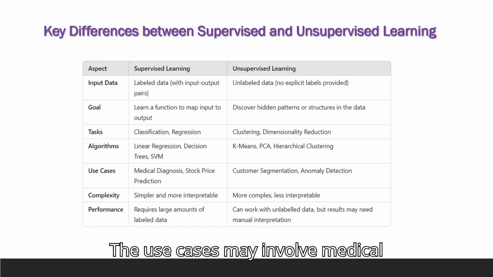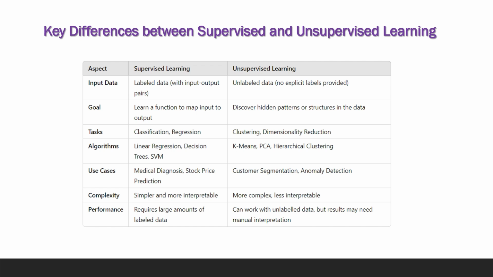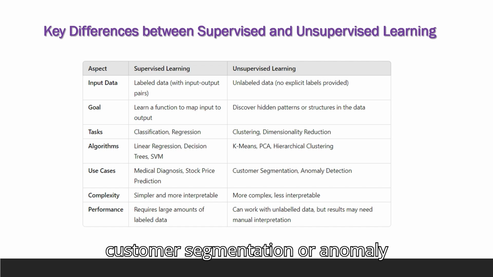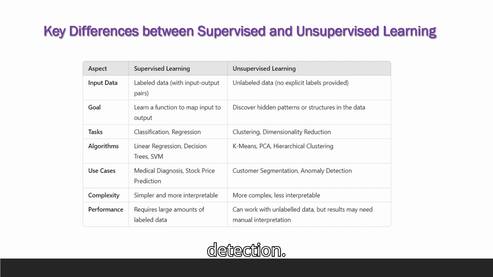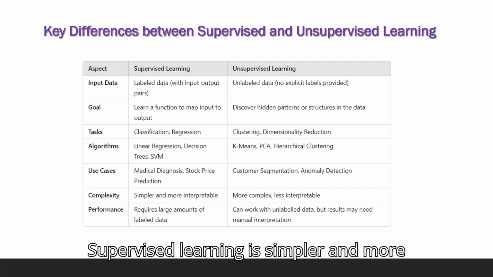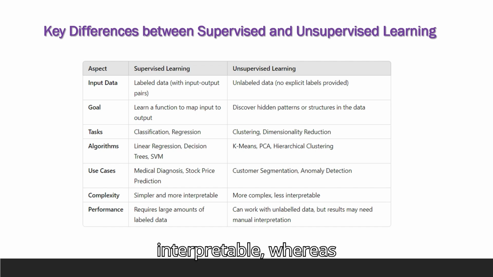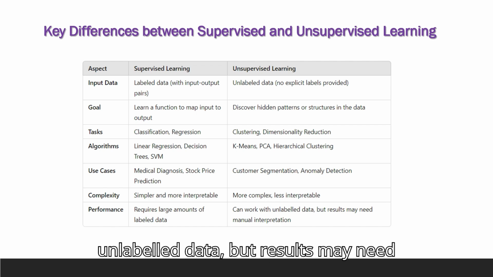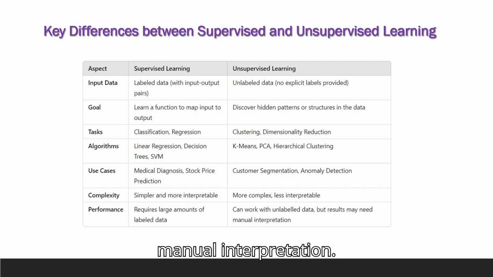The use cases may involve medical diagnosis and stock price prediction, and for unsupervised, it will be customer segmentation or anomaly detection. Supervised learning is simpler and more interpretable, whereas unsupervised learning is complex. Supervised learning requires large amounts of labeled data, whereas unsupervised learning can work with unlabeled data, but results may need manual interpretation.